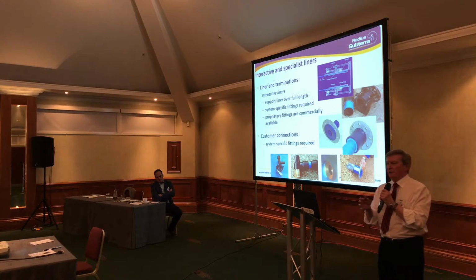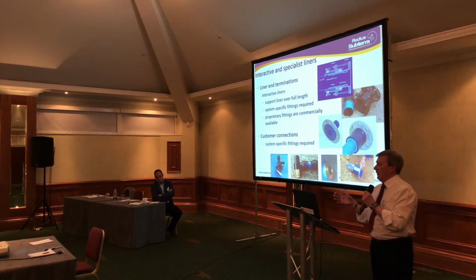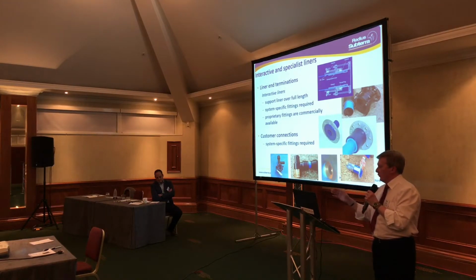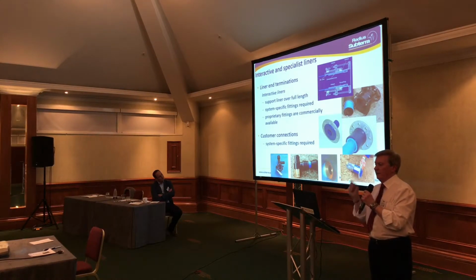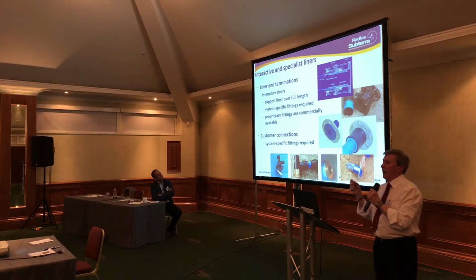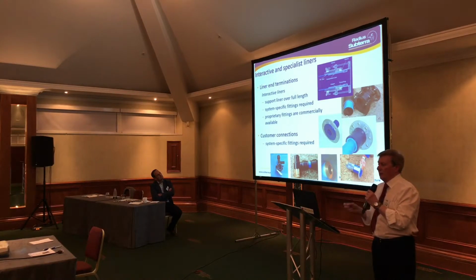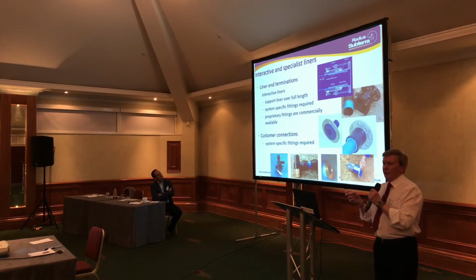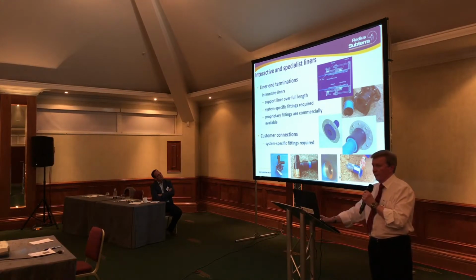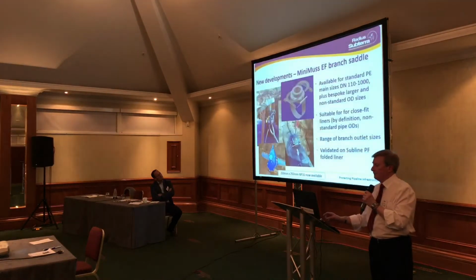For the interactive and for specialist liners, it's support over the entire length, and you need system-specific fittings for these, and it's important that the supplier understands the requirements as well. There are proprietary fittings available on the market now, and the same thing applies for customer service connections for interactive liners.